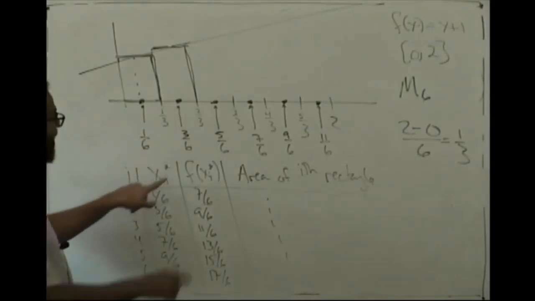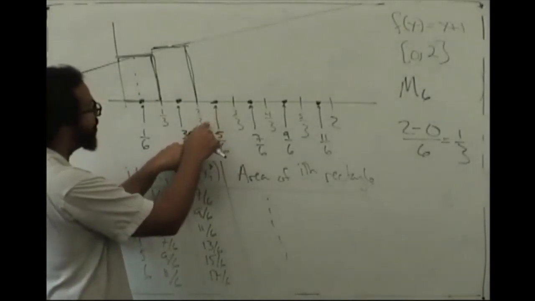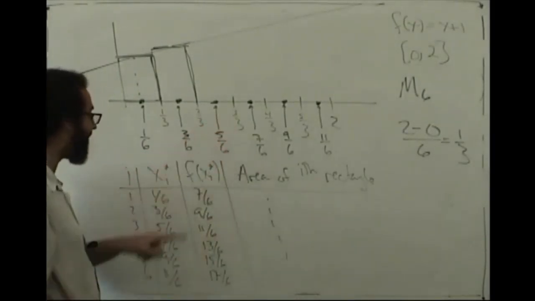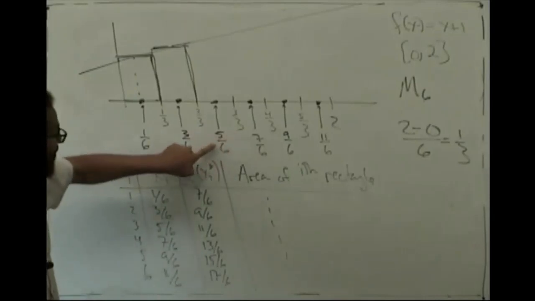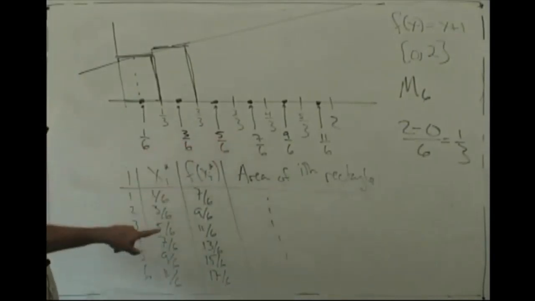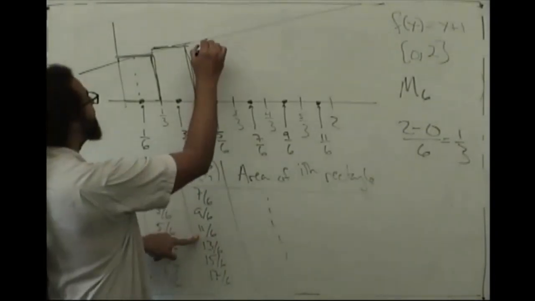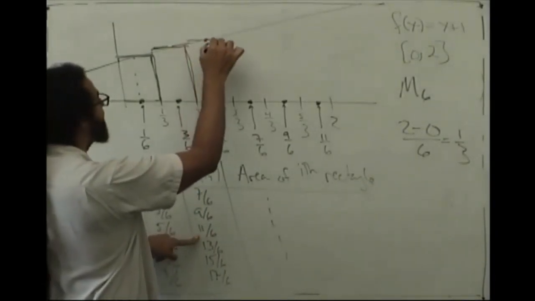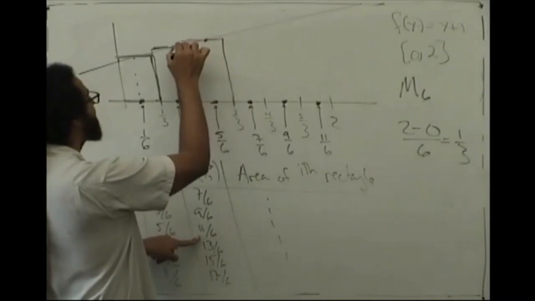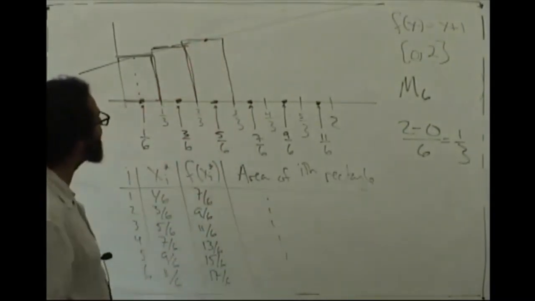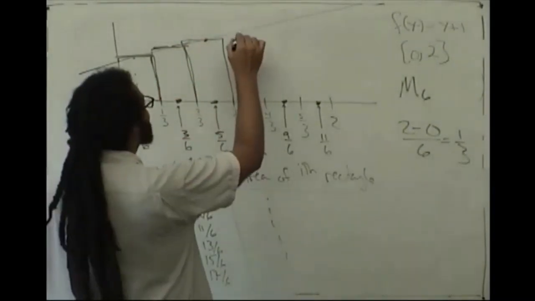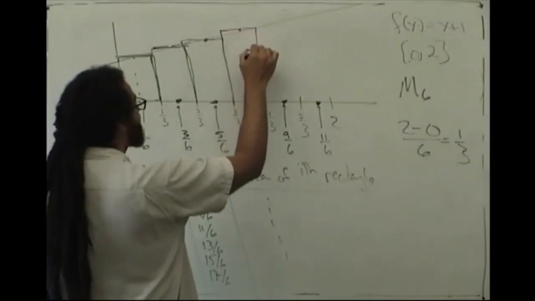For x3 star, I'm going to add the endpoints, 2/3 plus 3/3, that's 5/3, and divide by 2, that's 5/6. Take 5/6 and plug it into the function to get the height of the third rectangle. Again, we get a little bit above and a little bit below, and so the same thing is going to happen all the way across.